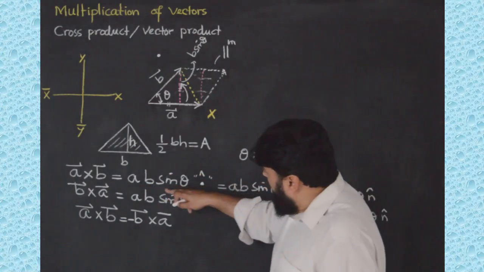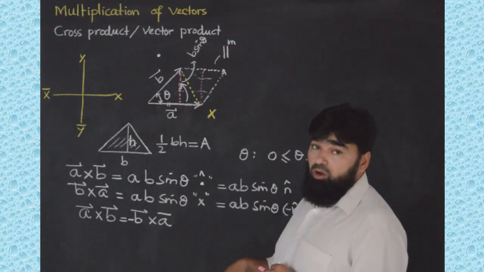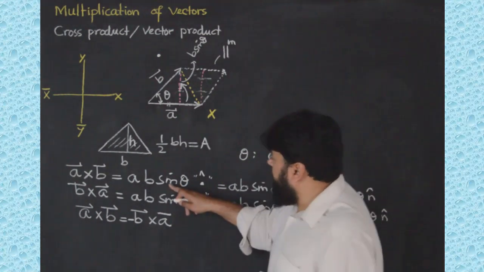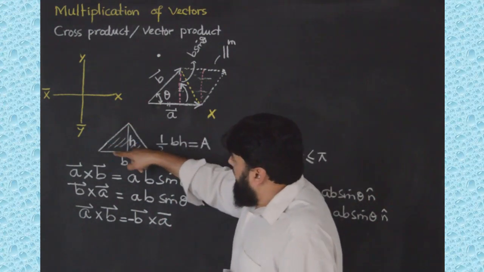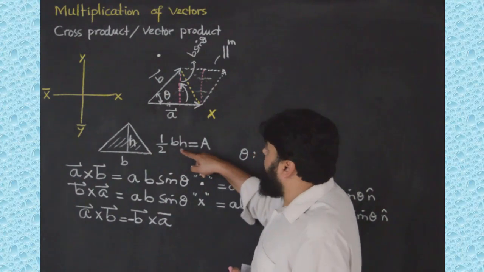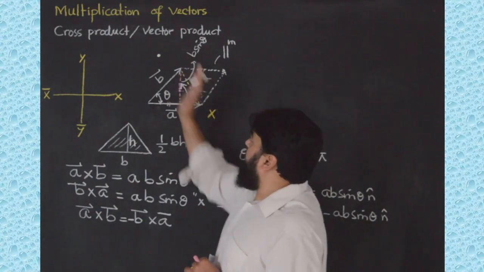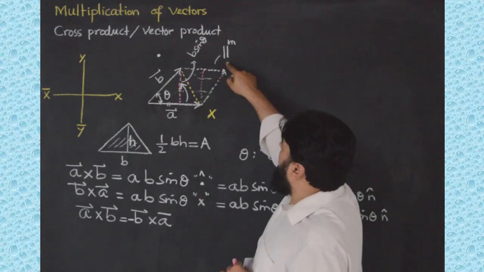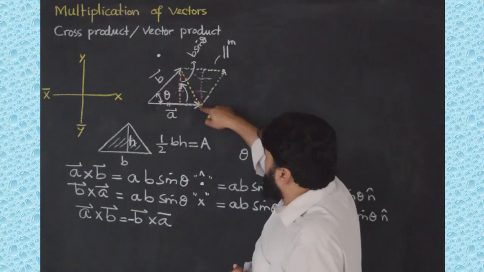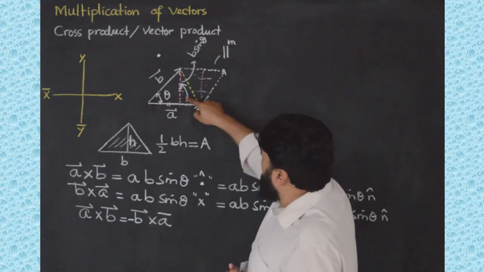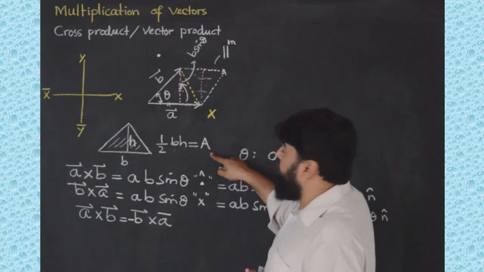Now we can ask why we use sine theta in the cross product. We know that the area of a triangle is half BH, and here we are sweeping this vector along this, and it gives us the area of a parallelogram, and we can split it here into two triangles, so half BH plus half BH will give us BH.